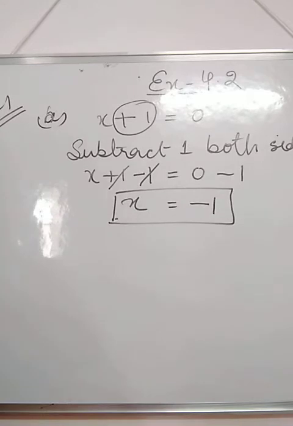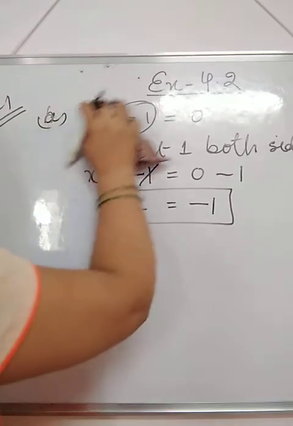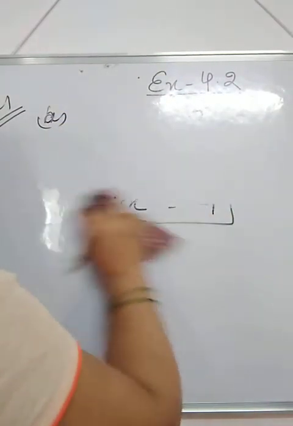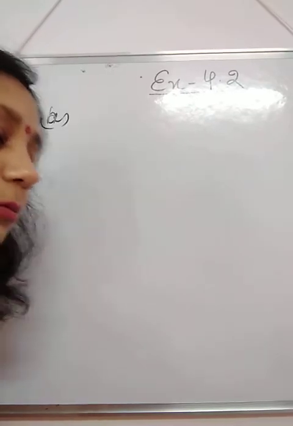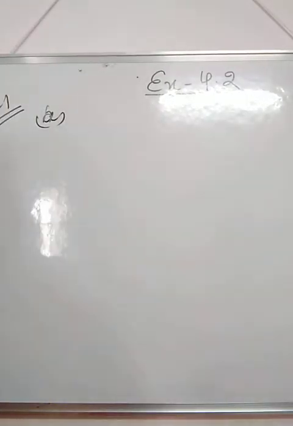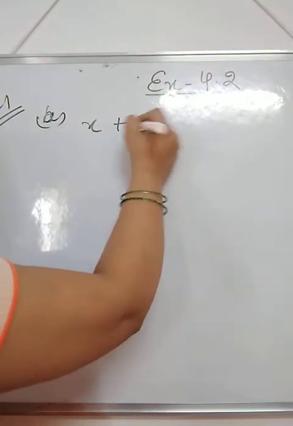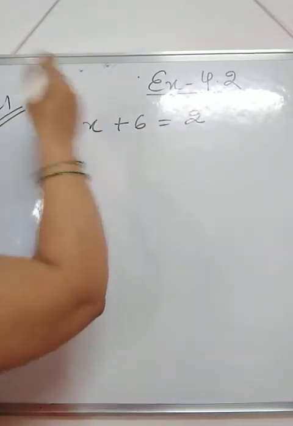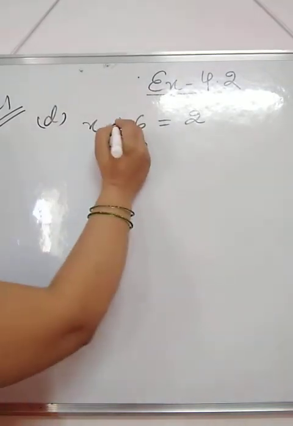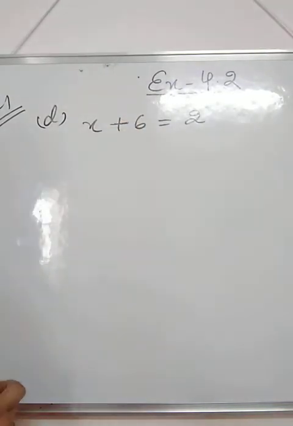Okay, for addition we have to subtract, and for subtraction we have to add the number which is given in the equation with the variable. Okay. Now x plus 6 is equal to 2. This is the D part. Now what is in addition with the variable? 6.